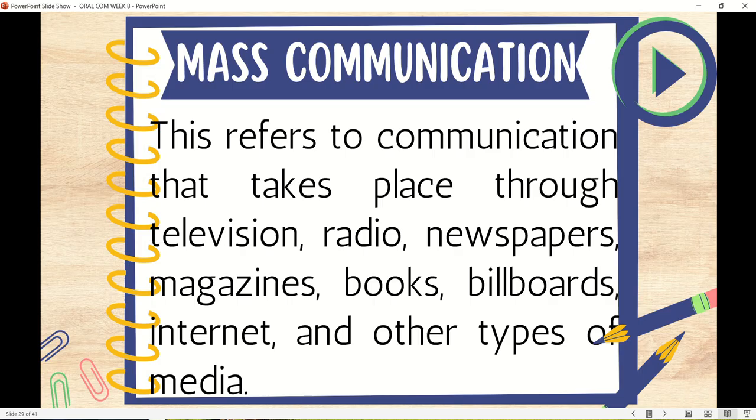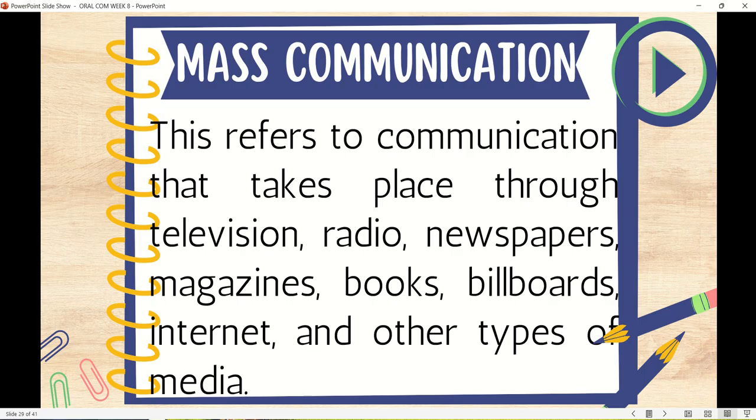From the word mass, which means massive. In other words, the number of people who can listen or hear your message may range from thousands to 10,000s to even millions and billions of people, as long as they have the channel that is used in order to convey your message.